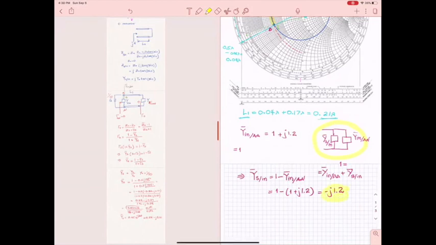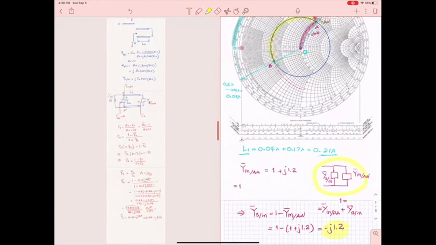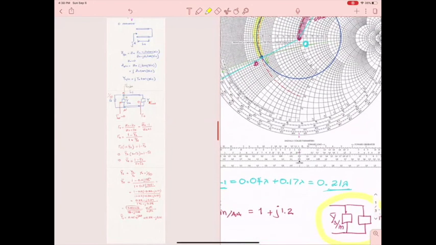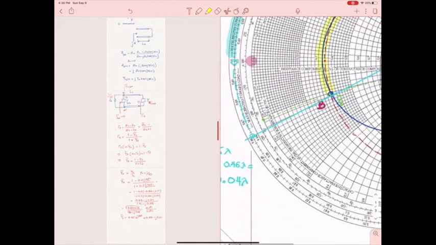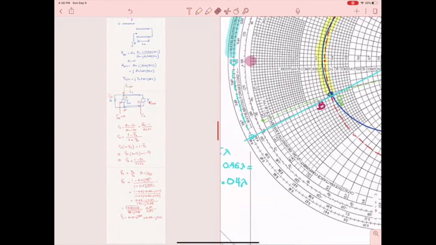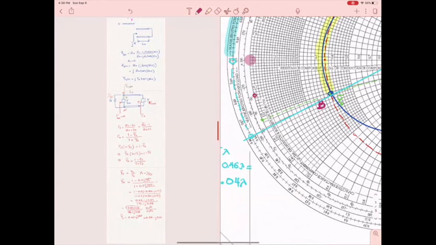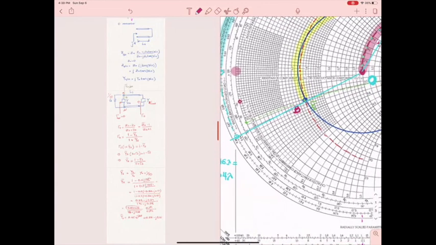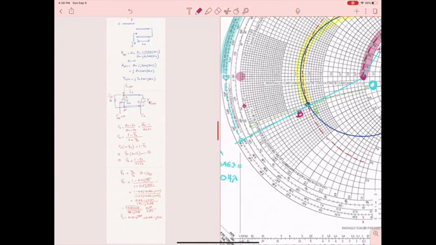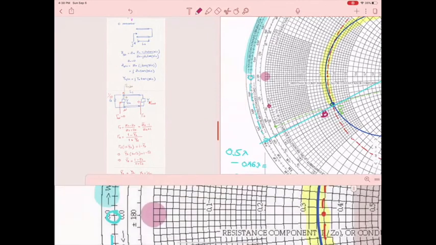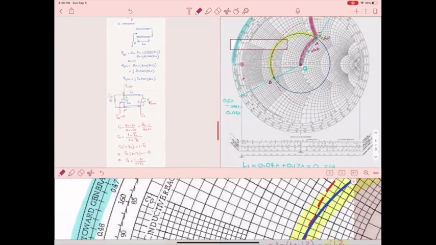So to really find the length of the stub, we start at negative 1.2, which is here. And then from there, we look at where is 0, but then we have to move.